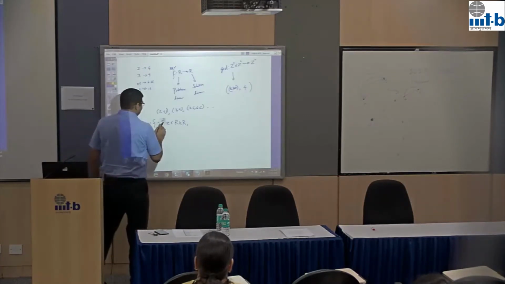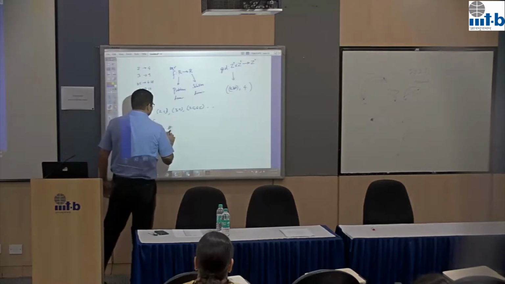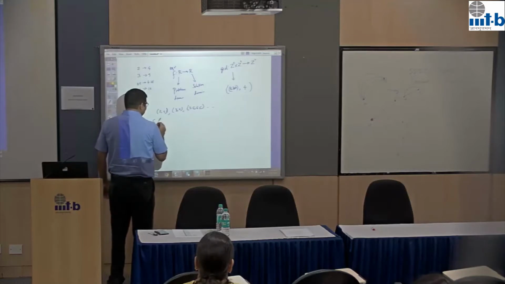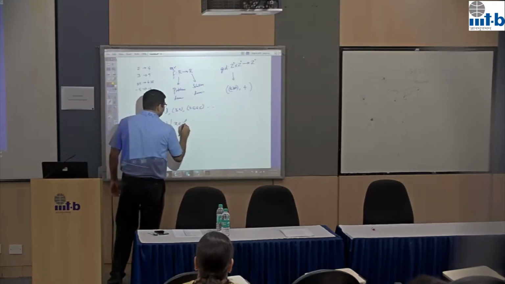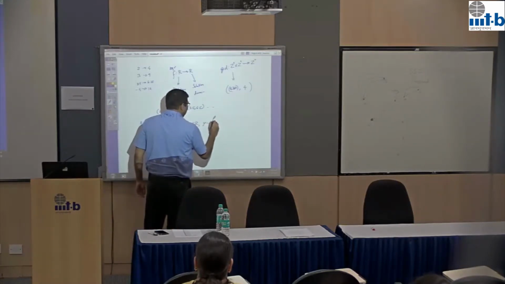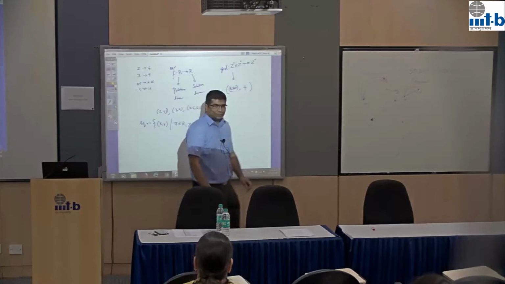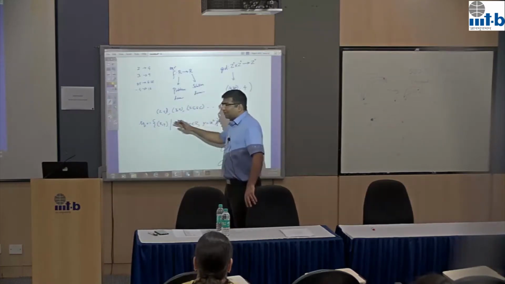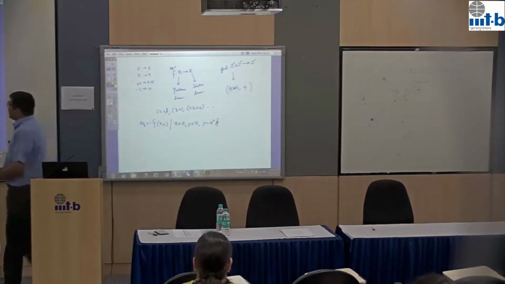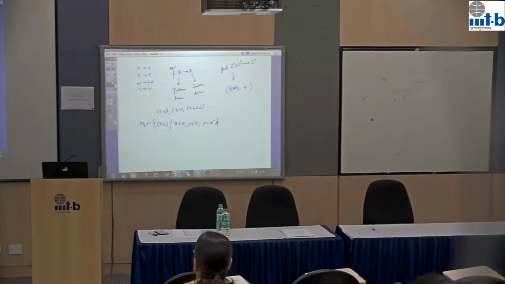Let me first write it like this: SQR is a set of the form (x, y) such that x is in real, y is in real, and y equals x squared. Now this is my predicate, this is my set. What have I done? I have reduced the function to a set.